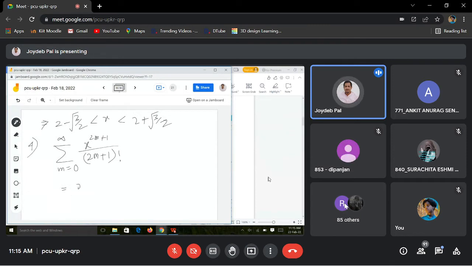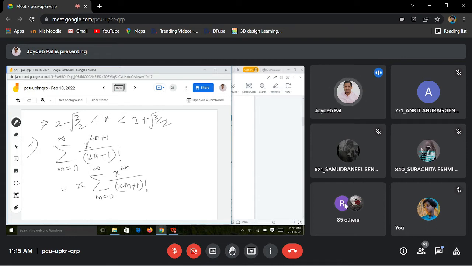So can I write this series as x into summation m equals 0 to infinity x to the power 2m divided by 2m plus 1 factorial? Can I write this?